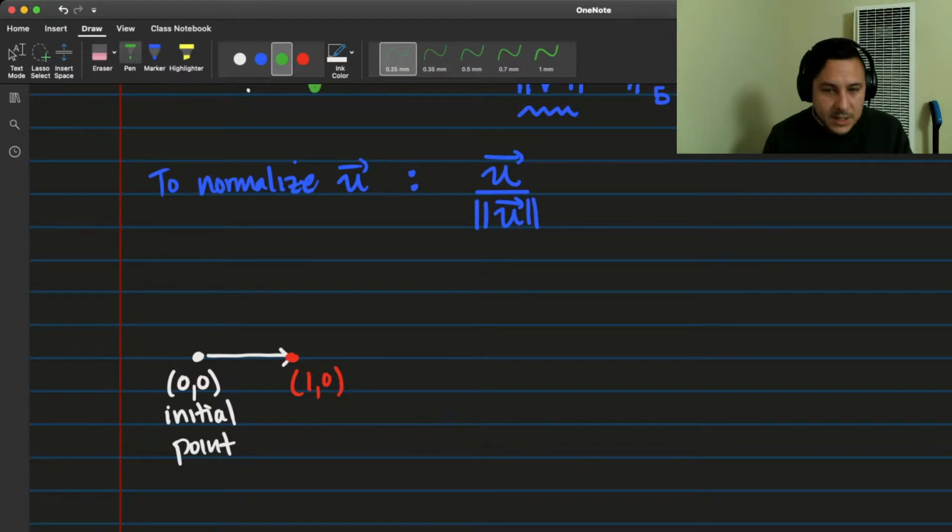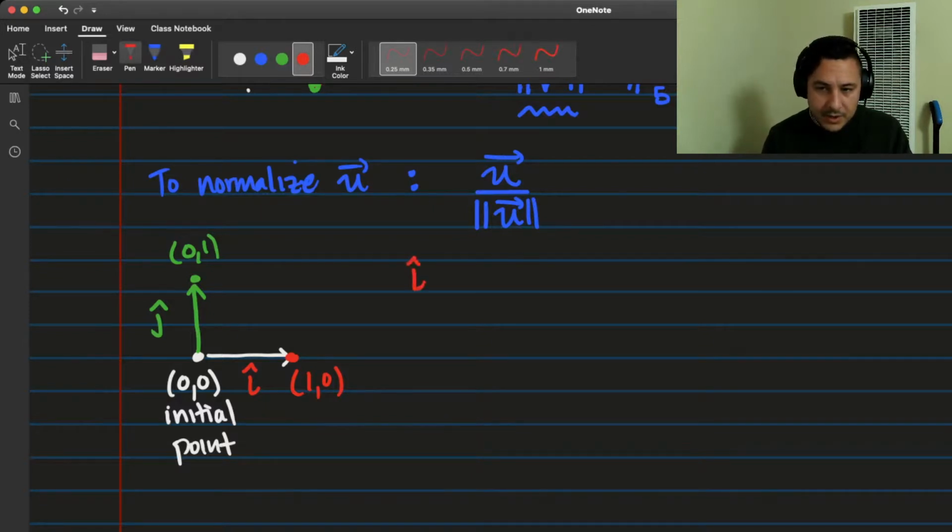The other vector is going to have its terminal point at 0, 1. This vector from 0, 0 to 1, 0, I'm going to call i, with a little hat on top of it. And the vector which starts at 0, 0 and goes to 0, 1, I'm going to call j.